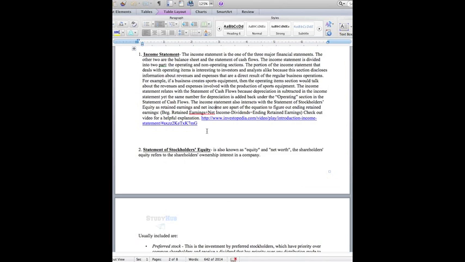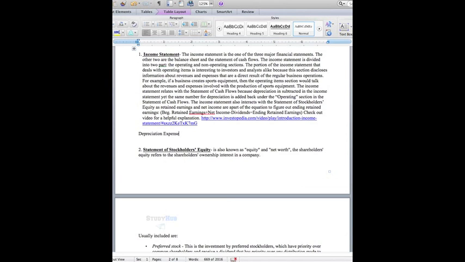You subtract depreciation on your income statement from revenue, but you're going to in turn add this depreciation expense back to your operating section in the statement of cash flows.